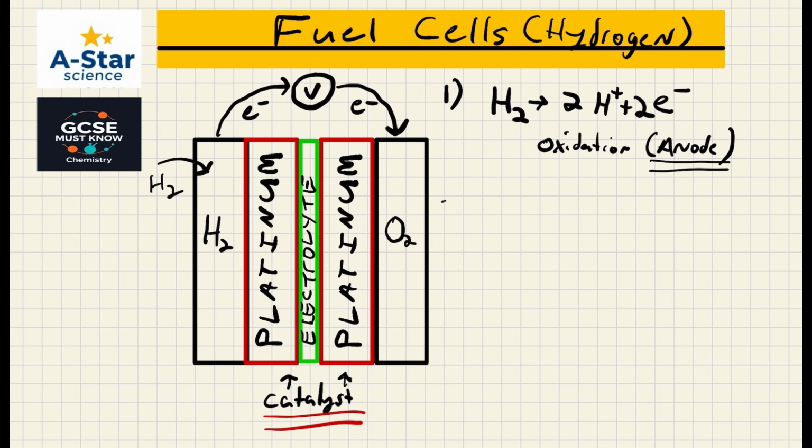The second half equation that we need to understand is what happens with the oxygen. If the hydrogen gas is oxidized, then the oxygen gas is going to be reduced. The key to understanding the benefit of a fuel cell is that the only waste product is water, H2O. So how do we get that?